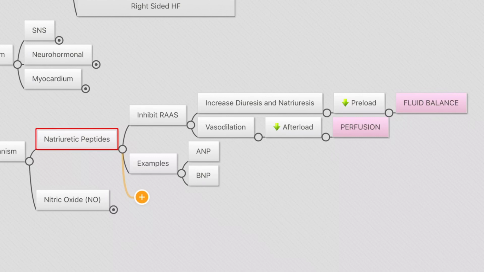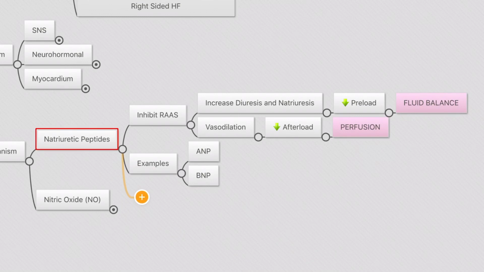Both diuresis and natriuresis are going to decrease preload, and that's going to help with the fluid balance. It also helps with vasodilation if it inhibits the RAS system, so it's going to decrease afterload and help with perfusion.